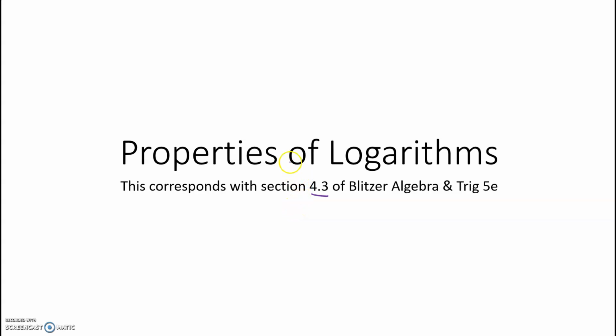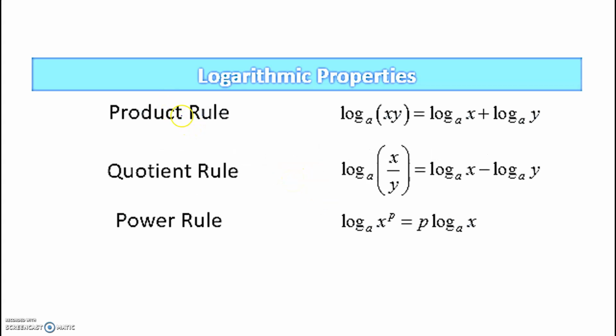Hey guys, so today we're going to start off with 4.3, which is Properties of Logarithms. We're going to start with three rules: product, quotient, and power rule. The product rule deals with multiplication, so if you're multiplying, it can be separated into addition.